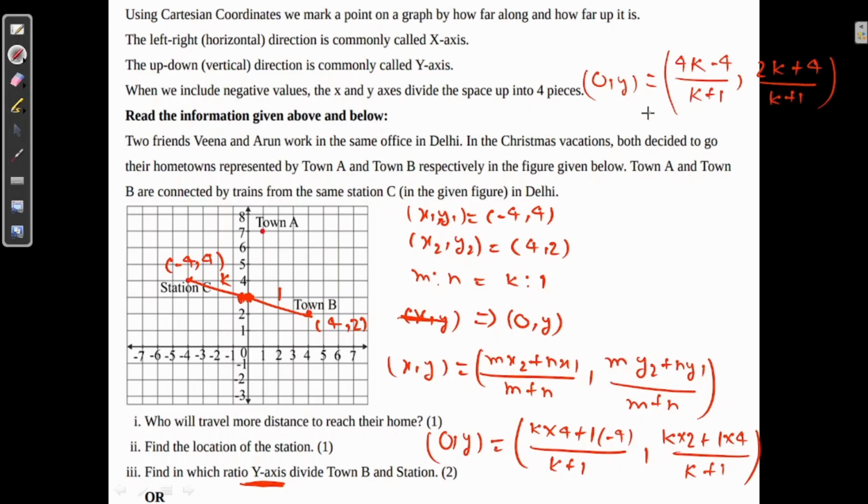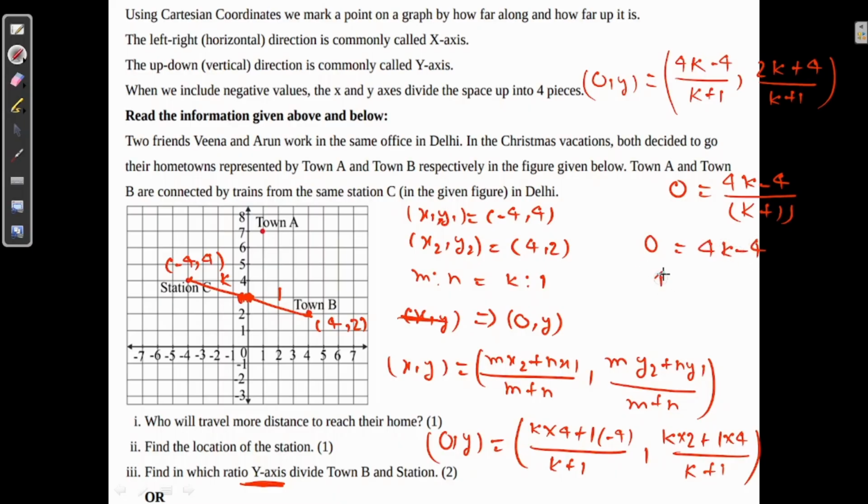Now, simply, I am going to do a comparison. Before the comma it is 0 and before the comma it is (4k minus 4) upon (k plus 1). Just do cross multiplication. k plus 1, which is in the denominator, will go to the 0 side. 0 into anything is 0, so I am not writing it.